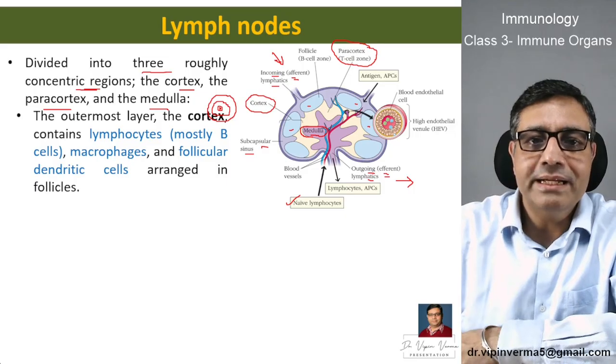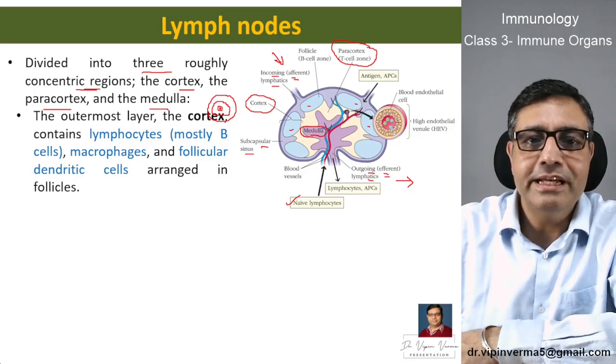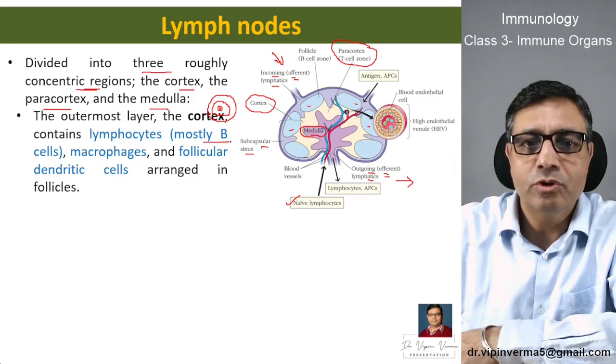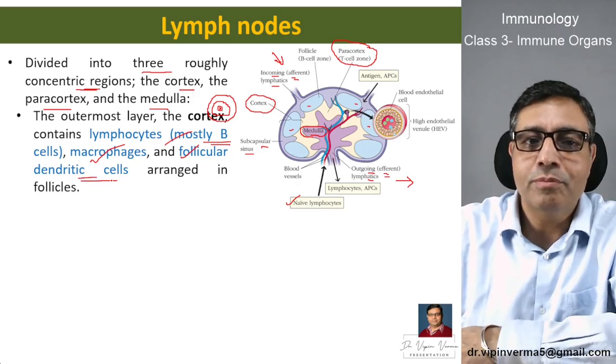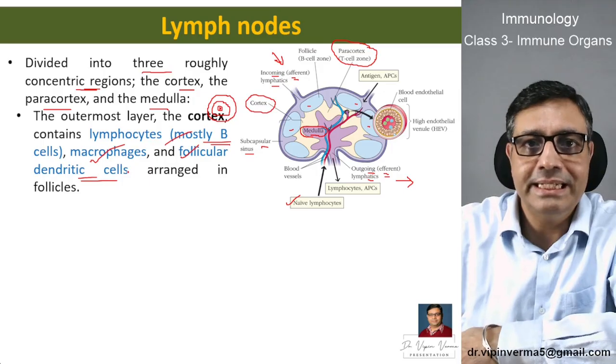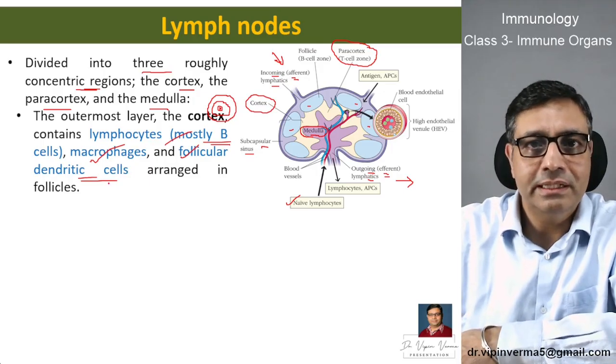The outermost layer, the cortex, contains the lymphocytes, and out of the B and T cells, it has mostly B cells. Then it has macrophages and follicular dendritic cells. Follicular dendritic cells are different from the normal dendritic cells, which we already saw in the last class.